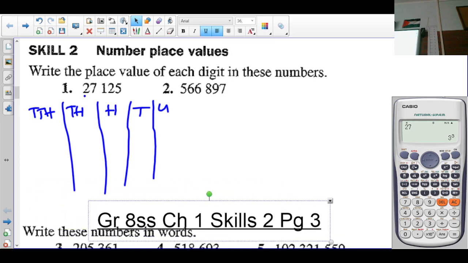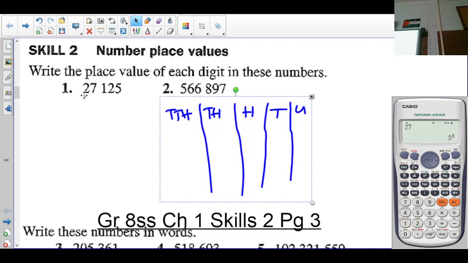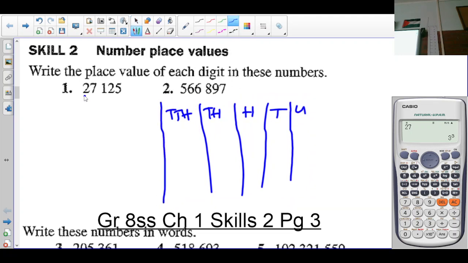Any confusion there? Let me know when I'm moving too fast or you're confused, okay? So we have 5 units, 2 tens, 1 hundred, 7 thousands, and 2 10,000s. That was easy, no?